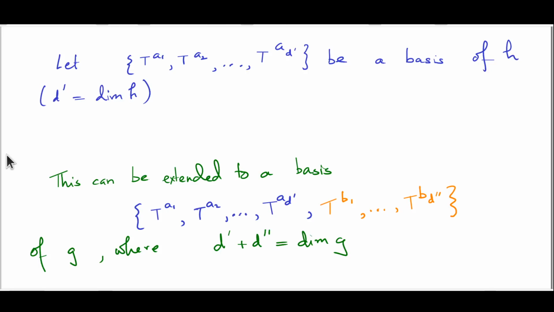And here what we have done is we have written down the first D' basis vectors, which are basis vectors also of H, in blue, and the other basis vectors have been written in orange.